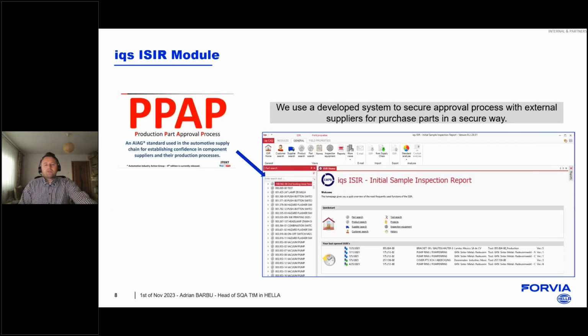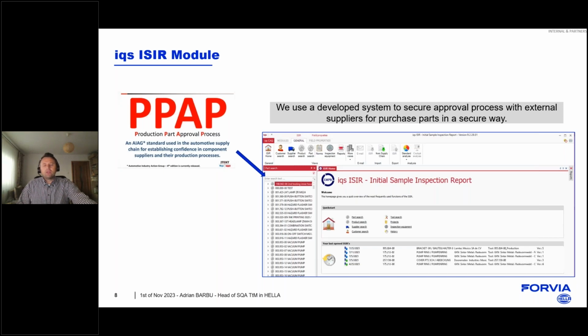Of course, once we have finished with the APQP module, we have to use the IQS ISIR module. The two modules have to work together because they are both in the same system, and this is why we are able to communicate with the supplier in this one system.